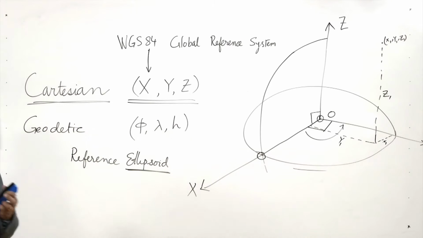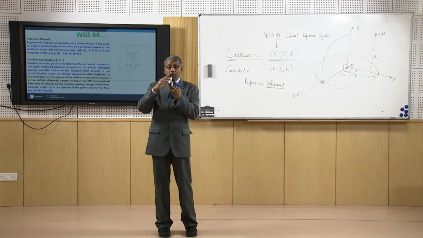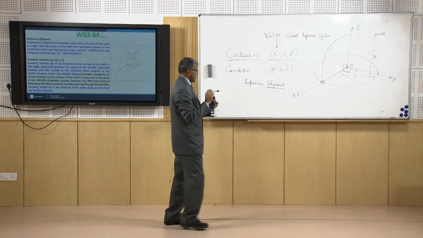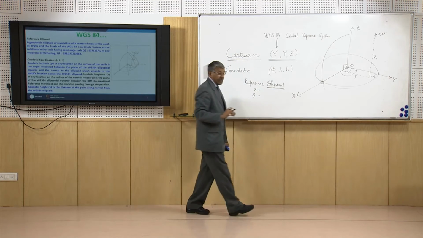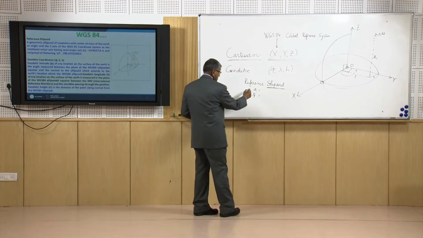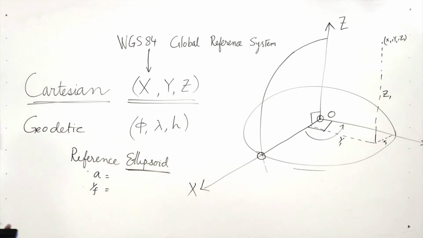Now an ellipsoid is an ellipse which rotates about the minor axis, and it is defined by the semi-major axis and the inverse, the reciprocal of flattening. So these are the two parameters by which we define the ellipsoid.